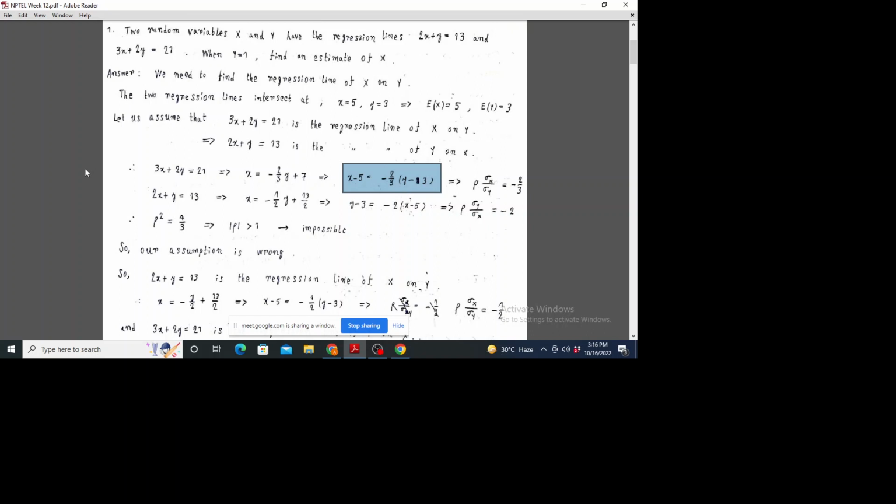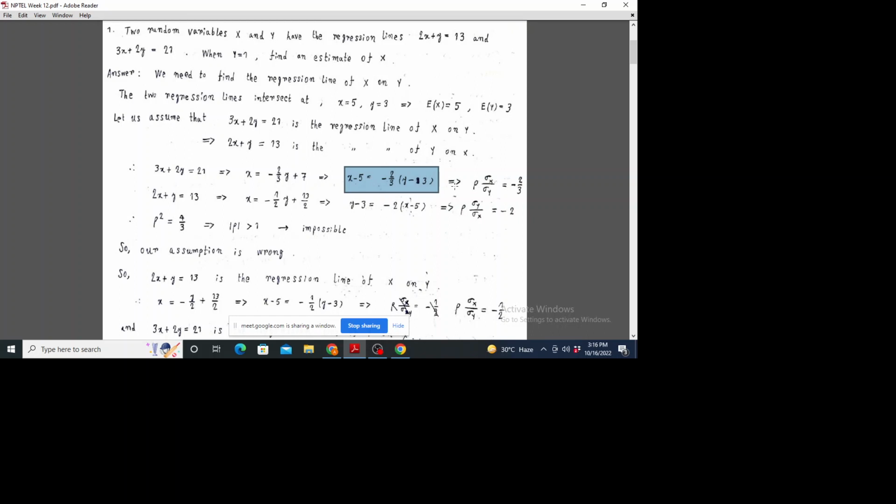Since we have assumed the first line to satisfy this case, let us express the equation 3x plus 2y equal to 21 in the desired form. We already know the expectation values, so using these, the line can be expressed like this. This is the equation of the regression line of x on y under our assumption.